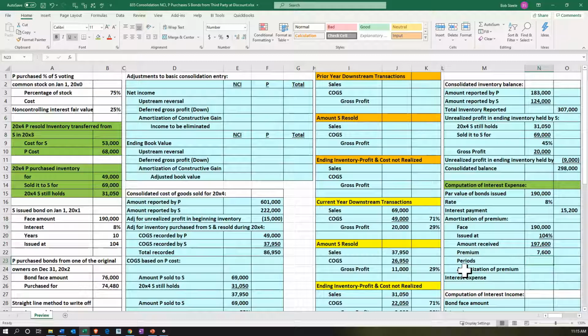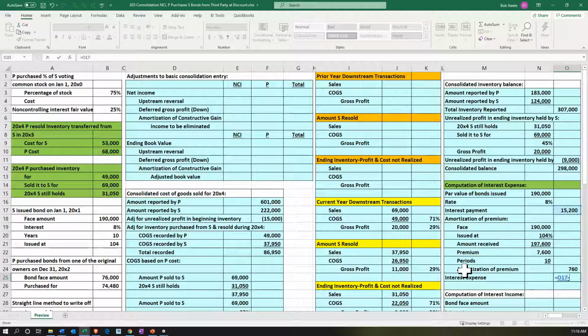Now we're going to say that it's 10 years. Periods, we'll say years is going to be 10. And so the amortization of the premium, if we divide that out over the number of years, we're going to say 7,600 divided by 10 is the 760. So we have the 760. Then if we subtract that out, we have the interest payments that are taking place.